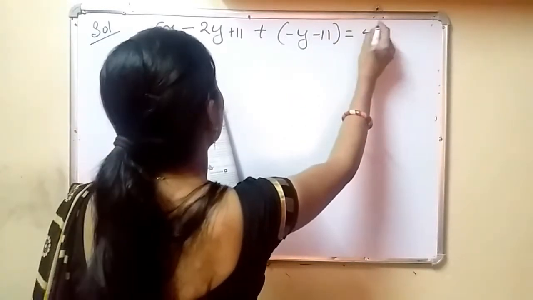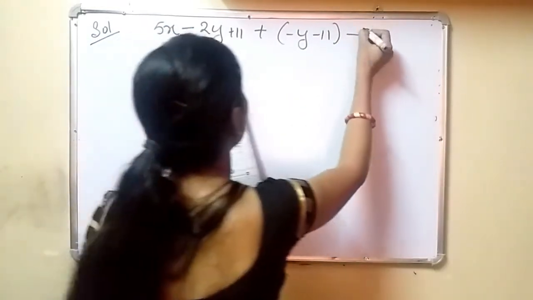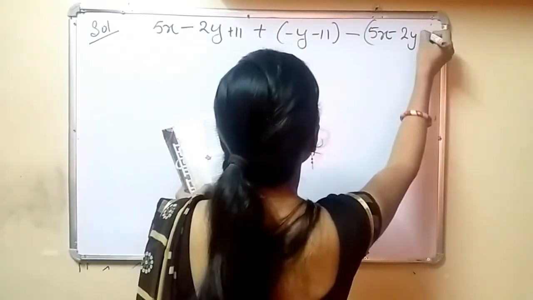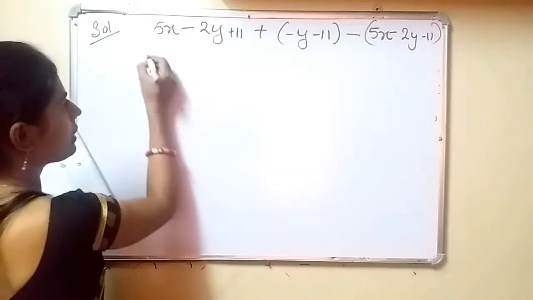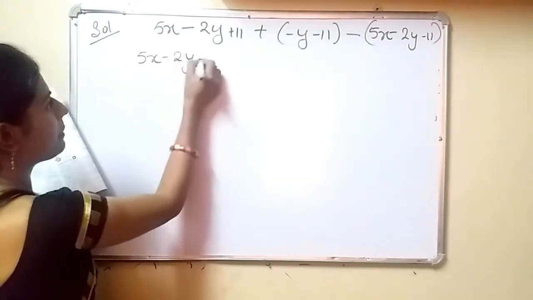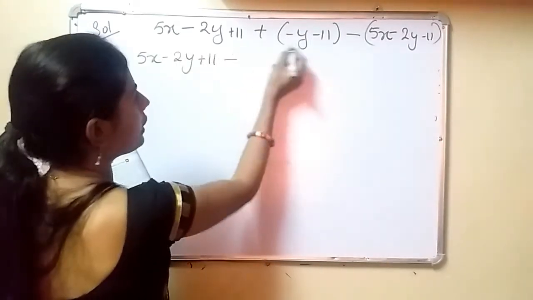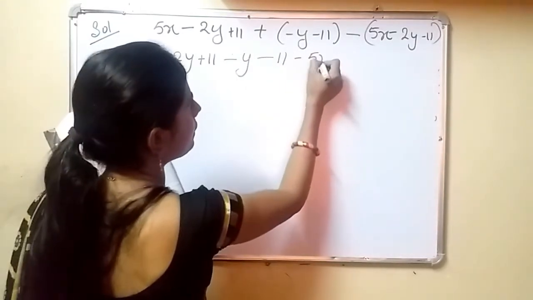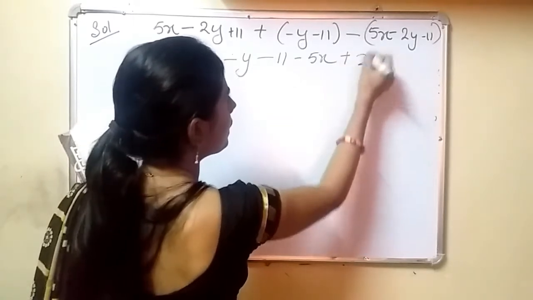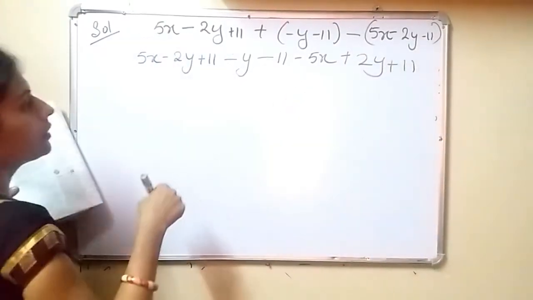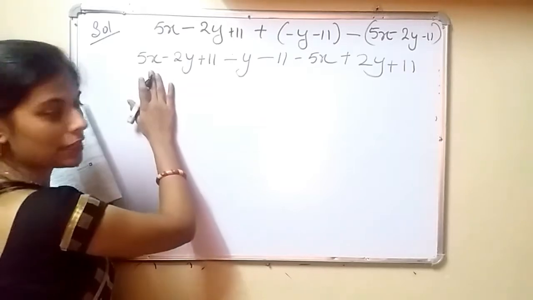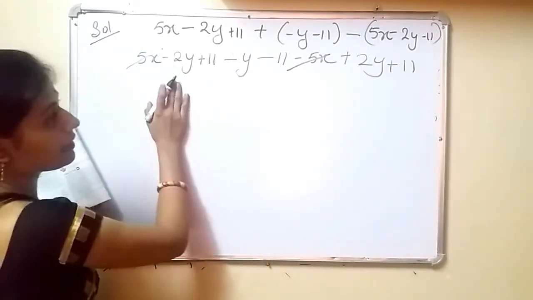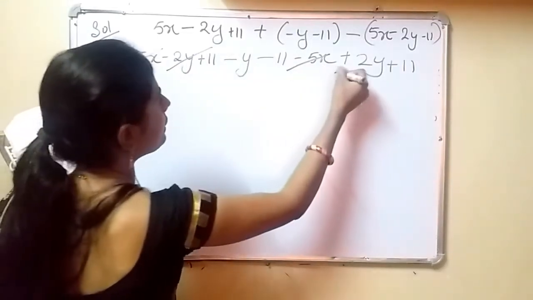Then subtract 5x minus 2y minus 11. Now 5x minus 2y plus 11 becomes minus 5x plus 2y and minus 11 after subtracting. Plus 5x and minus 5x cancel directly, and minus 2y and plus 2y cancel directly.